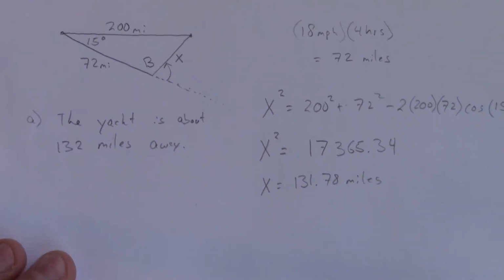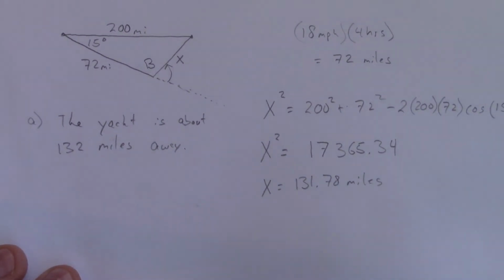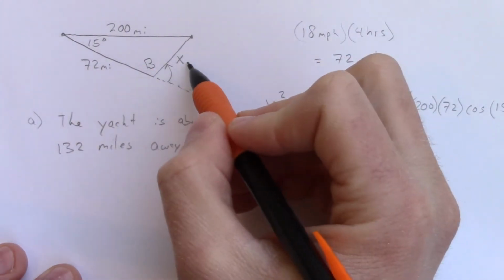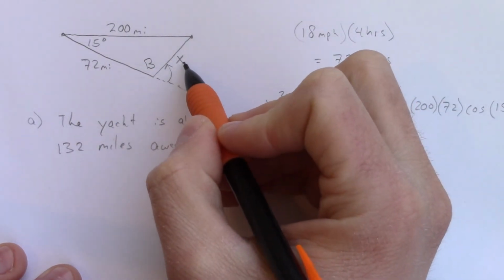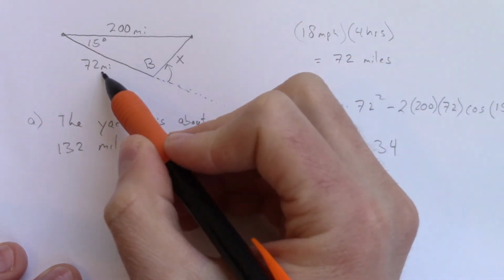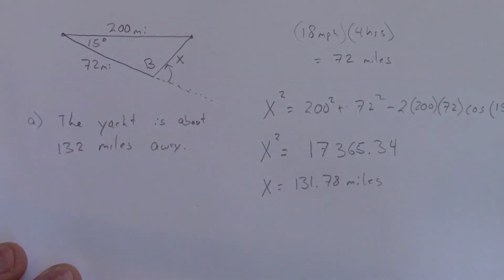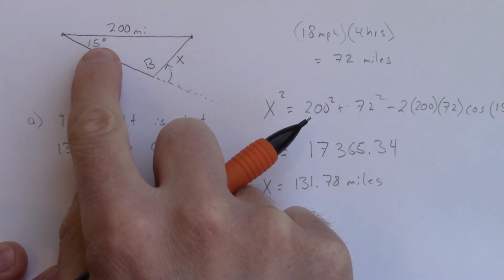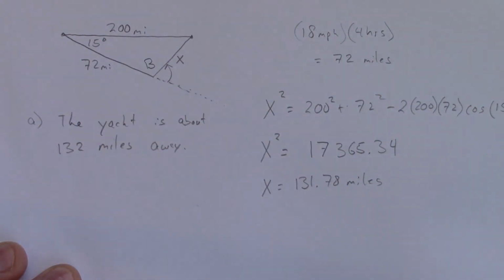And I've got 2 different methods here to do that because at this point it's a side, side, side triangle because I just found that side, right? So this could also be an angle side side triangle depending on how you decide to think about it. So I could use the law of sines or the law of cosines at this point because I have that angle and I've got multiple sides to choose from.